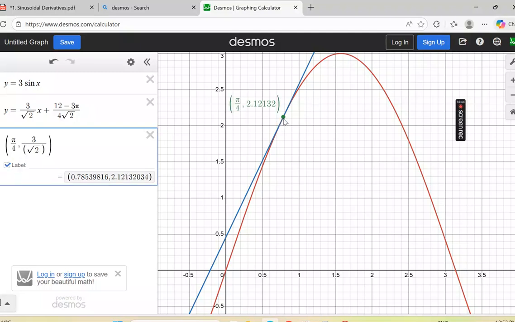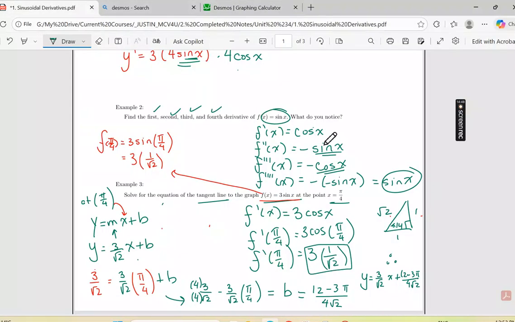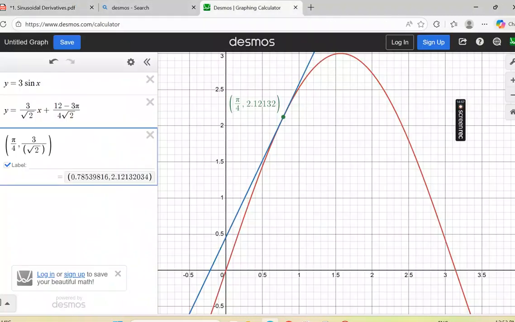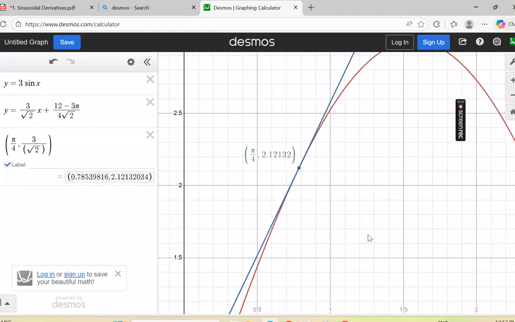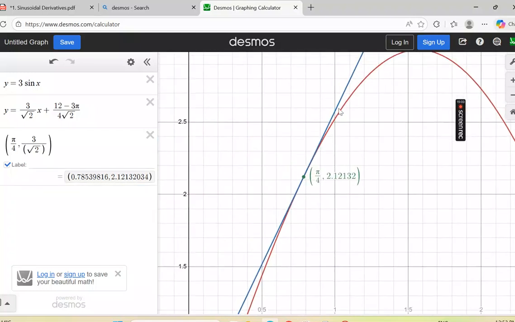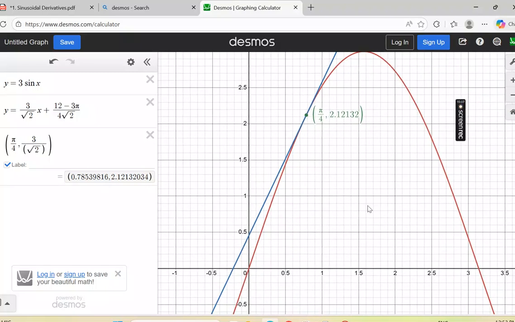That green dot is pi over 4 and 3 over root 2. Again, where did pi over 4 come from? That's in the question. That's the x value. And the corresponding y value is just subbing that into the function itself. So at that point, that blue line is the equation we just found. It does indeed look like it's the equation of the tangent at exactly that point on our function.